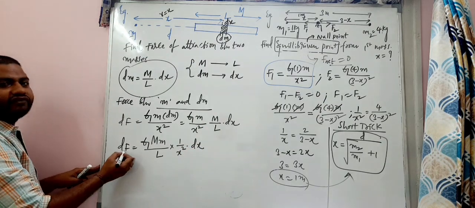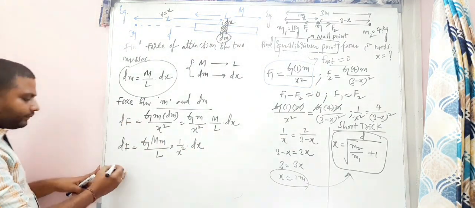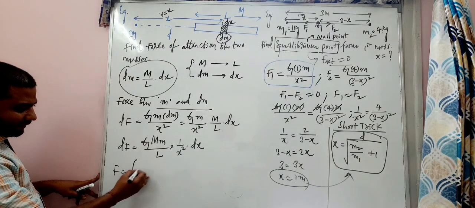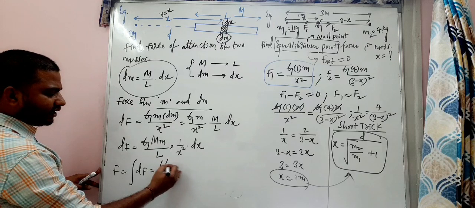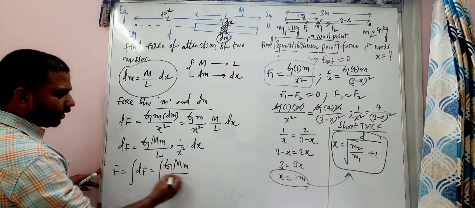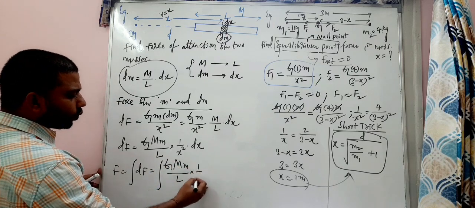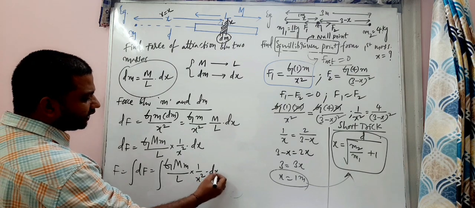If we integrate this df, you will get F. So F is equal to integral df, which is G capital M small m by L into 1 by x square into dx.